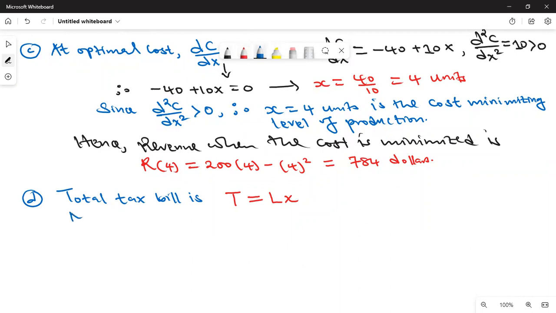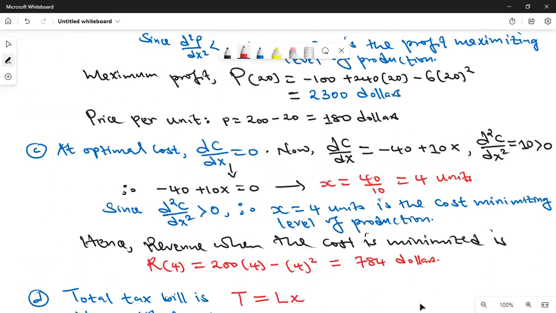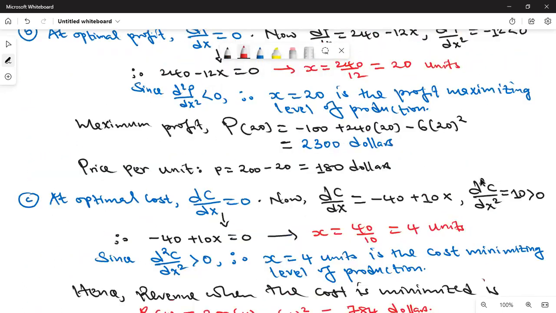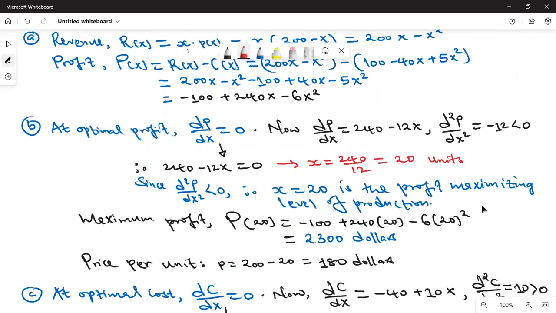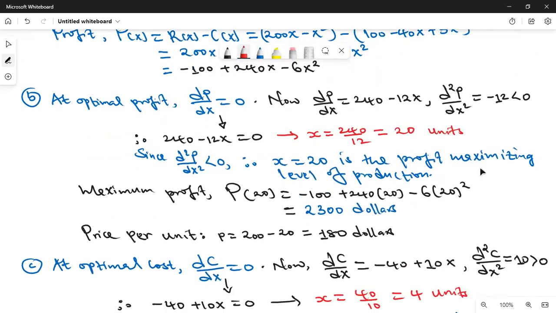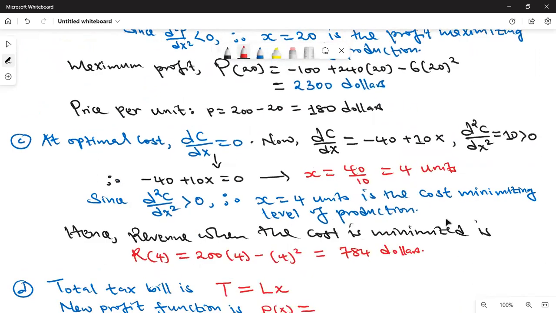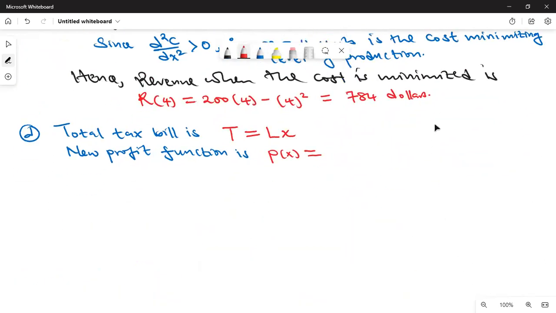So our new profit function, given the lump sum tax of L, is now given by, look at our original profit P of X, which we got: negative 100 plus 240x minus 6x squared. So that's what we write here.